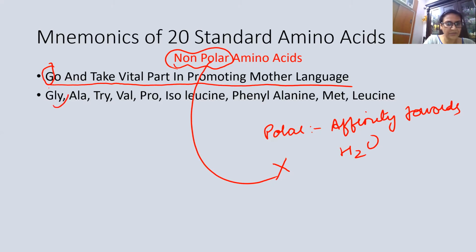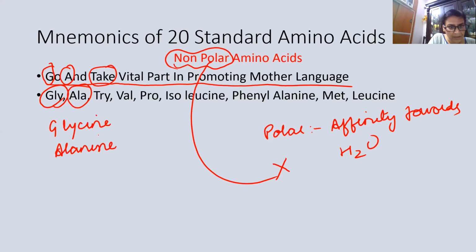G stands for glycine. A stands for alanine. T stands for tryptophan. V stands for valine.